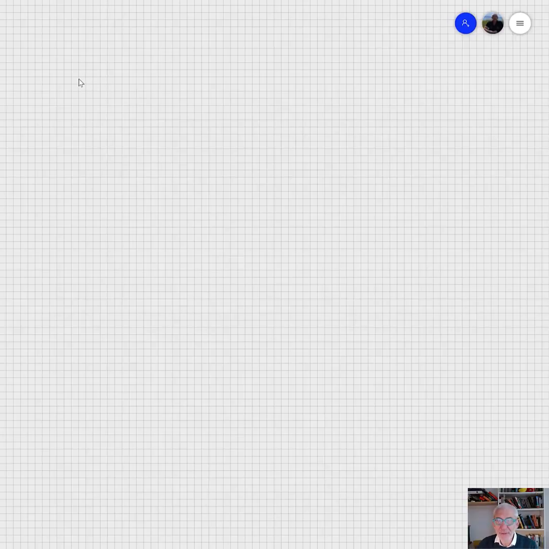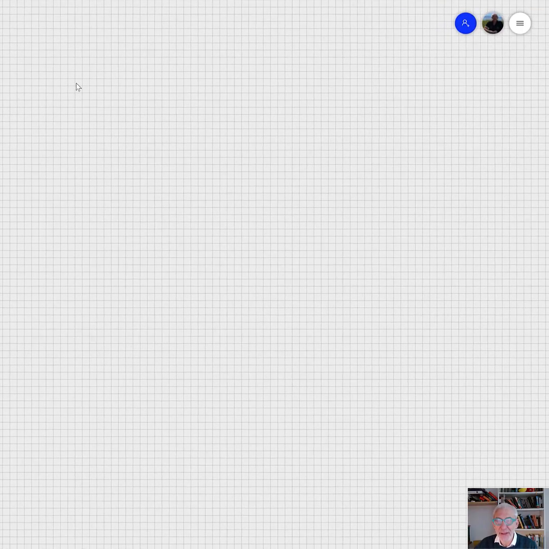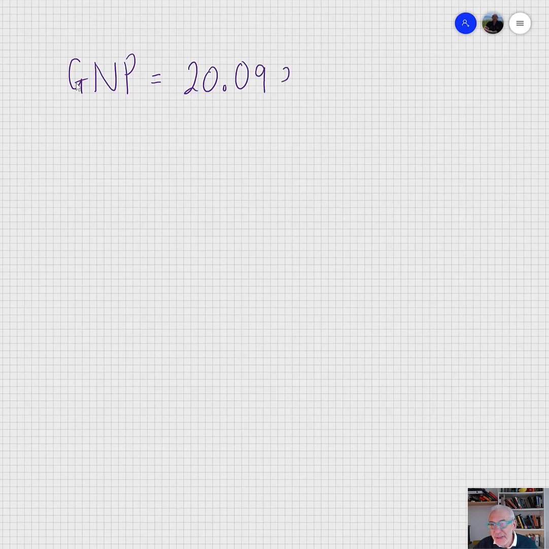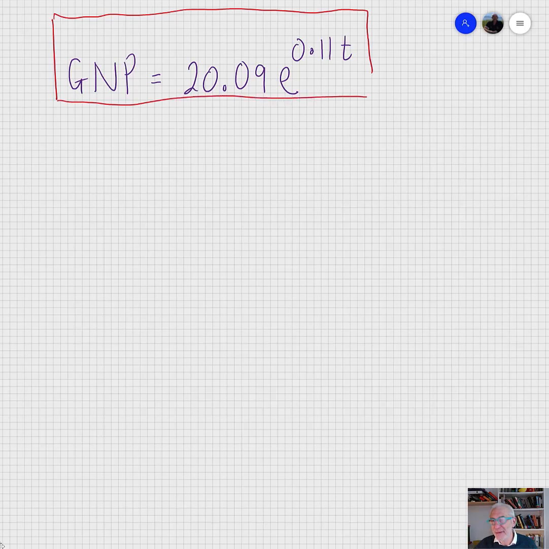So to finish off that point, we can now write that the GNP in terms of our model is equal to 20.09 times e to the 0.11 t. That is our model based on the data that we were given in the first place.